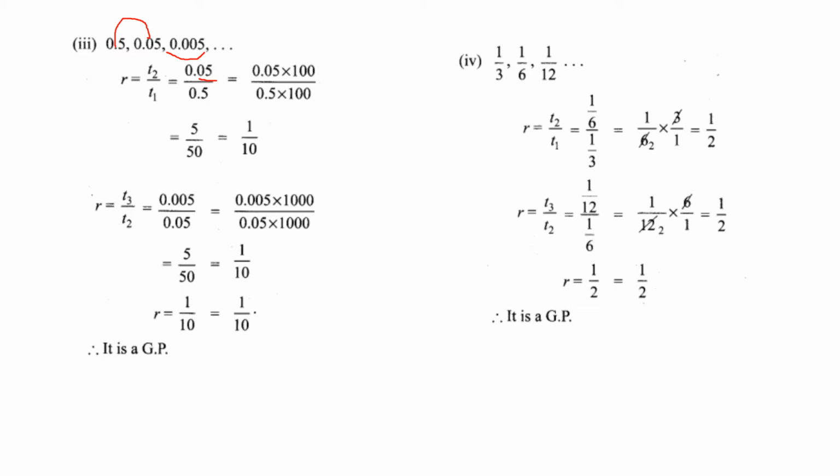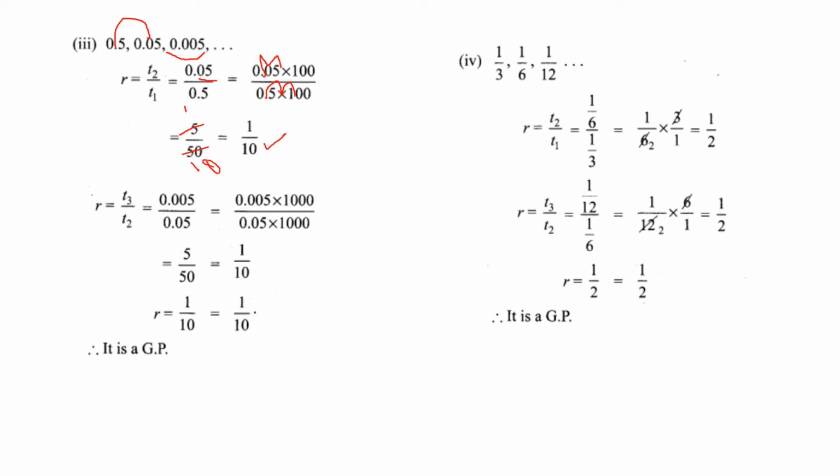Multiplying by 100 means the point moves to the right side, so the whole number is 5. The denominator also you multiply by 100, so 0.5 becomes 50. Cancel it, 1 5 is 5, 10 5s are 50. So that answer is 1 by 10.